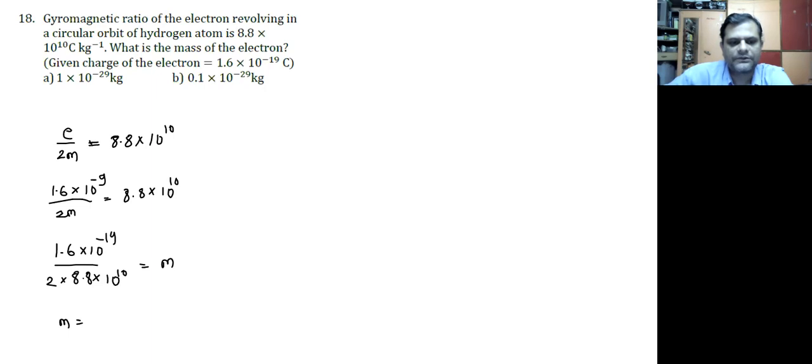So mass of electron, अब ये 10 raised to 10 जो है वो ऊपर जाके 10 raised to minus 19 के साथ कंबाइन होके 10 raised to minus 29 बन जाएगा, right?